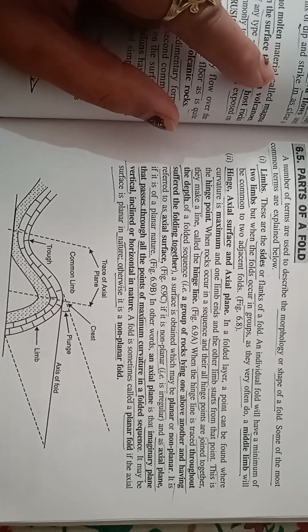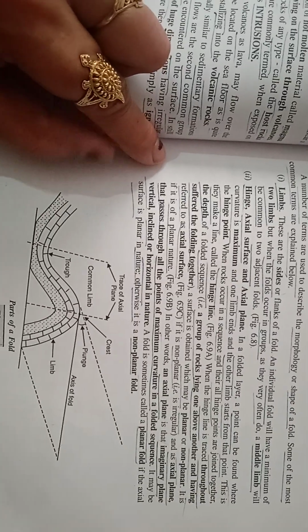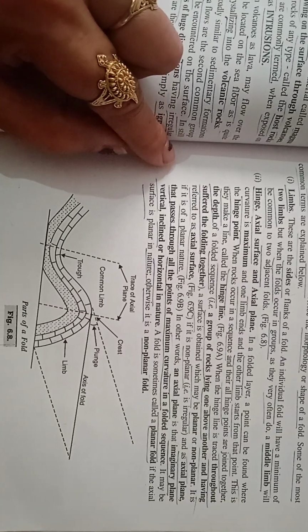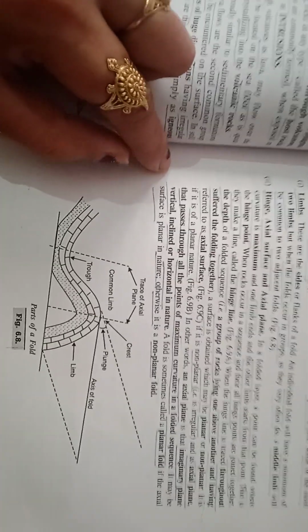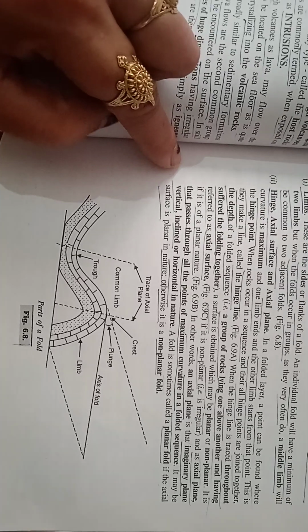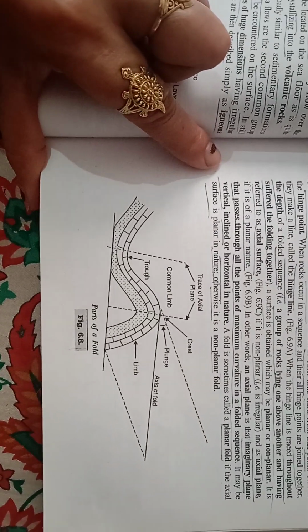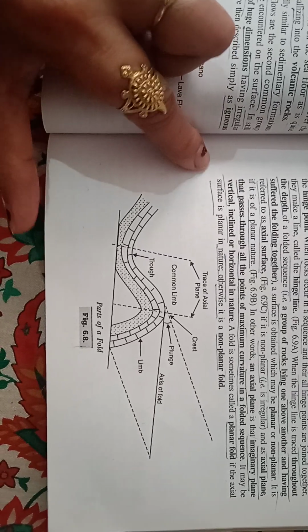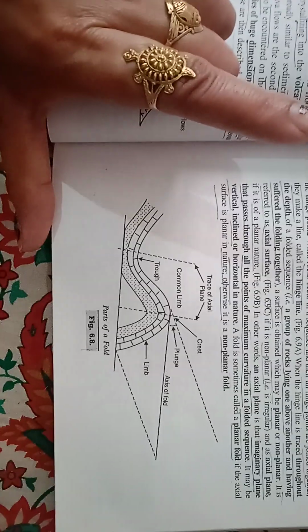In other words, an axial plane is that imaginary plane that passes through all the points of maximum curvature in a folded sequence. It may be vertical, inclined, or horizontal in nature. A fold is sometimes called a planar fold if the axial surface is planar in nature, otherwise it is a non-planar fold.